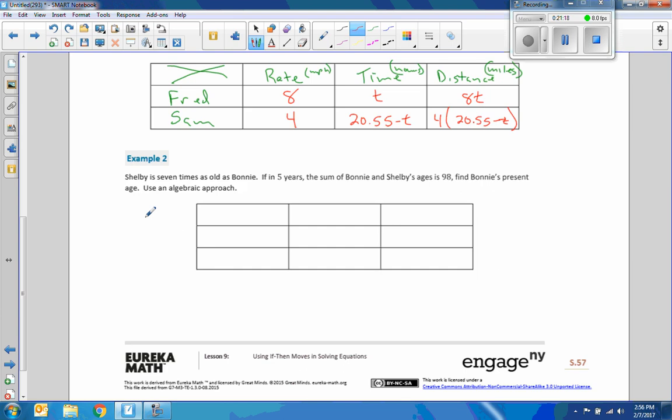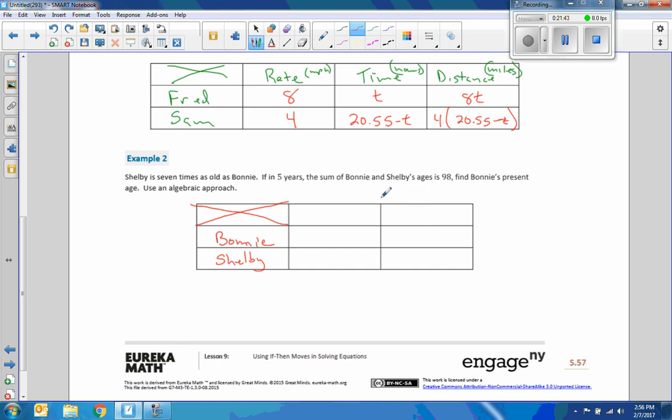So here's example 2. Shelby is 7 times as old as Bonnie. So we have Bonnie. And we have Shelby. I'm going to use this. Okay. So it says, if in 5 years the sum of Bonnie and Shelby's age is 98, find Bonnie's present age using an algebraic approach.